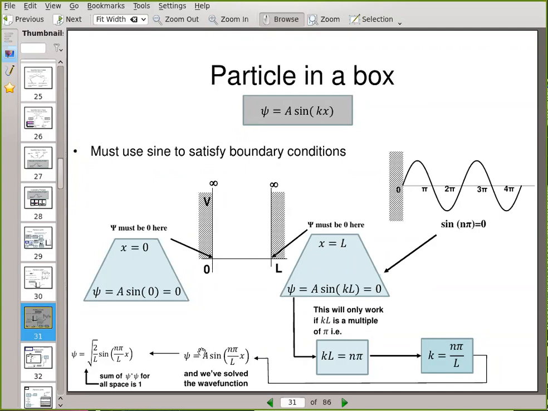Now, the most important thing that's happened to us is that n could be any number, but it has to be a whole number. What we've done in getting this wave function is we've introduced an n, a multiple of pi, and that n is a quantization. You have certain values of n that the wave function will work at.